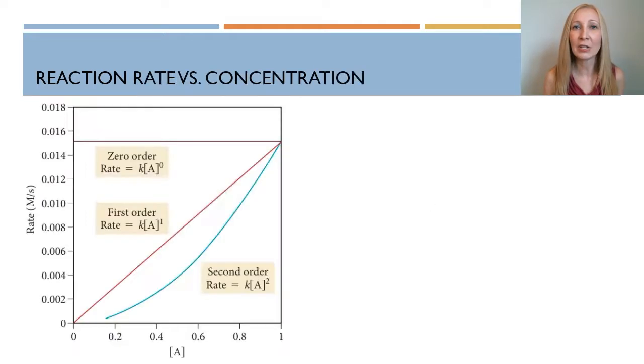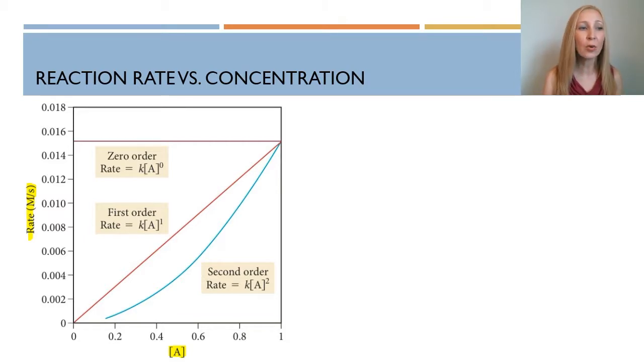These are just definitions. Let's get to a graphical way of looking at this. In a zero-order reaction, the rate is equal to K times the concentration to the power of 0. If we look at the y-axis here, this is the rate in molarity per second, and the x-axis has molarity as the concentration.